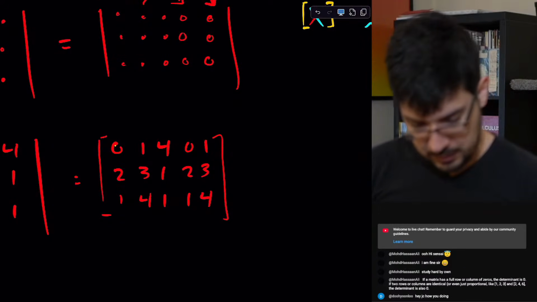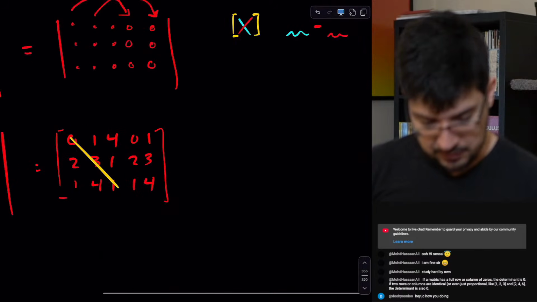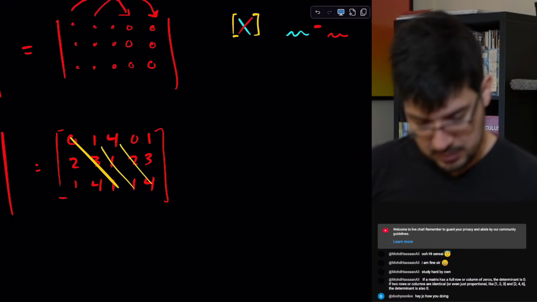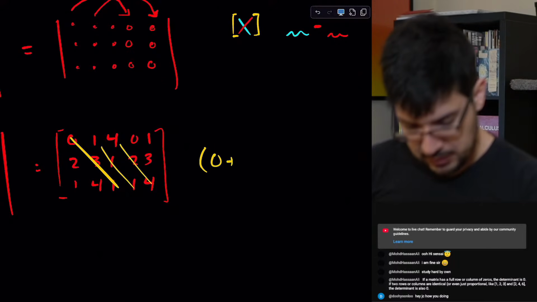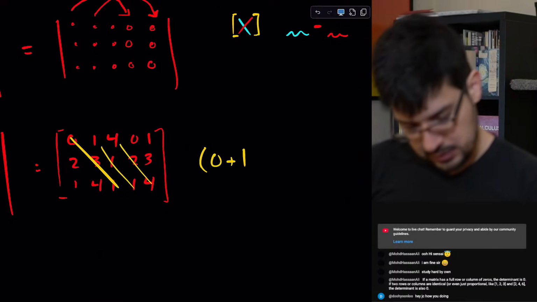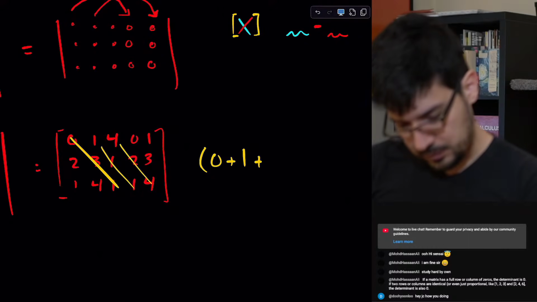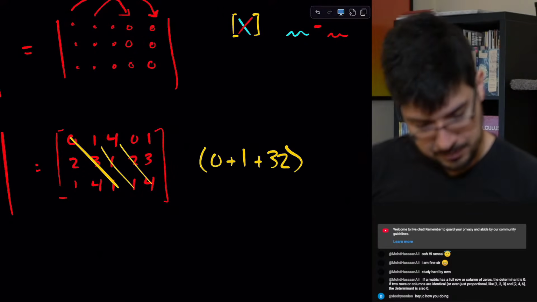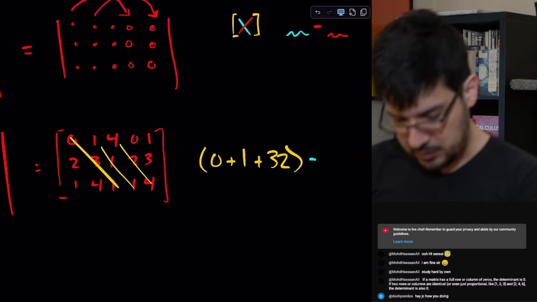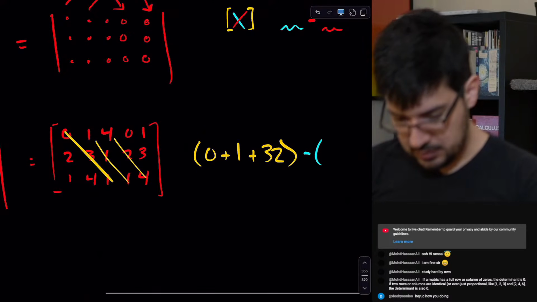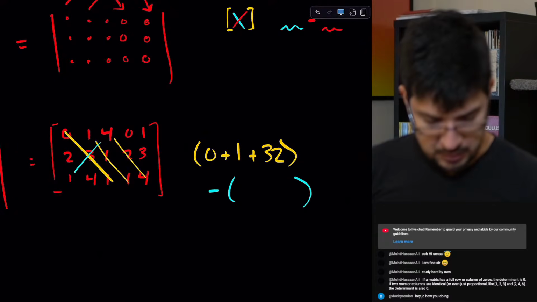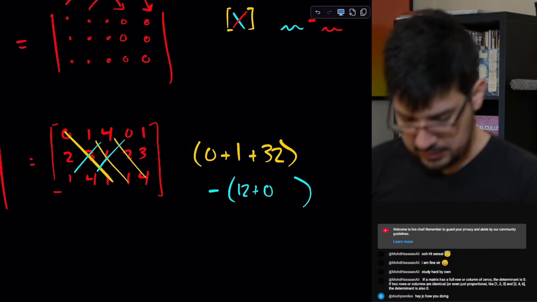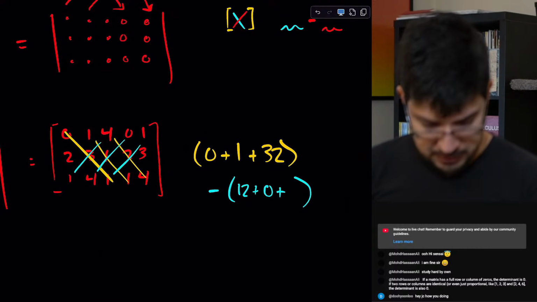I'm going to multiply across the forward diagonals, and we get 0 plus 1 plus 32. Right? And then we're going to subtract 12 plus 0 plus 2.